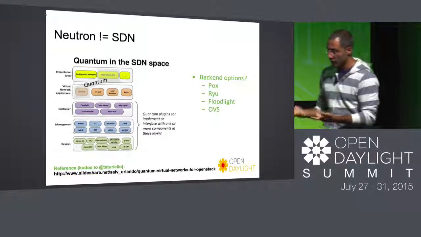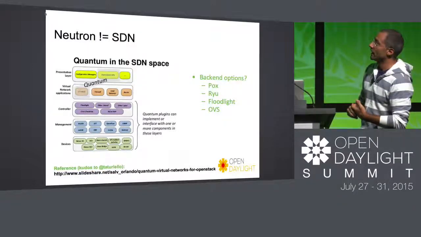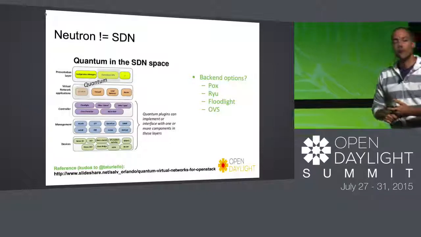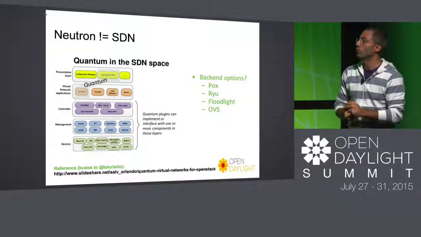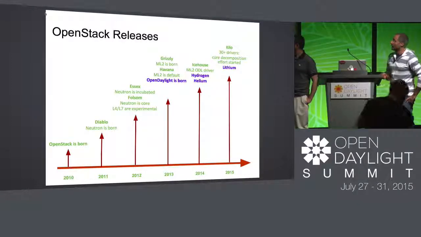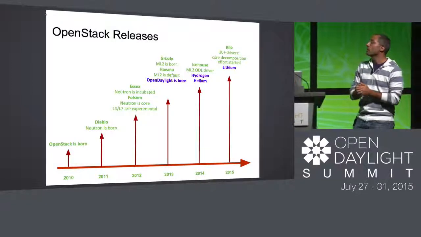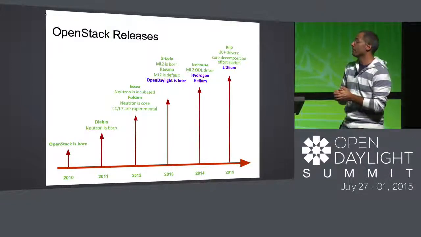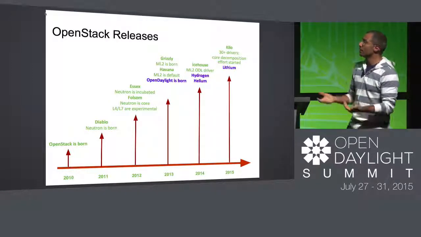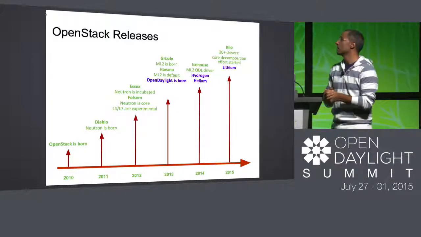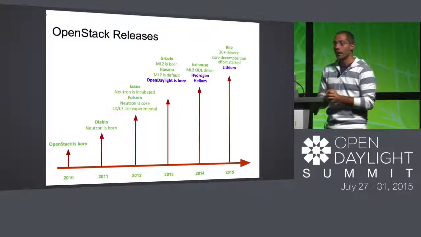At the time the project was started, there were a few options available, and some are listed there, and none of them were deemed worthy, so we came up with our own, and Neutron was born shortly after. It was incubated and went reasonably quickly to core in the Folsom time frame in 2012. OpenDaylight was born a year after, so it's relatively younger compared to its sister project, and there have been 3 releases up until now.